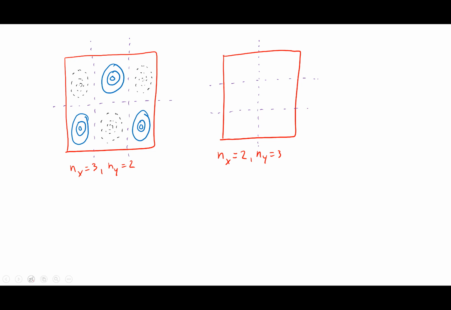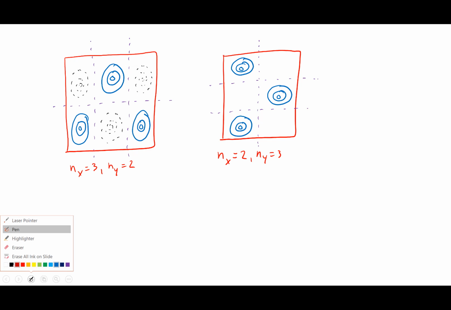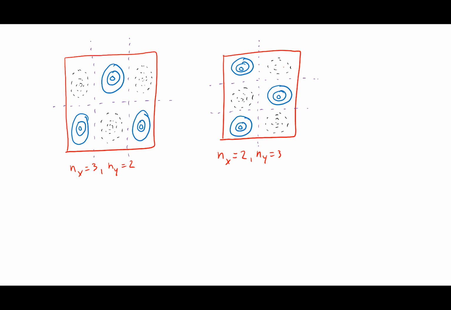So now we can start off again. So we're going to have a hill here. We're going to have a hill here. And then we're going to have a hill here. And then we're going to end up with valleys right here. And that is how you draw the different energy levels for a 2D particle in a box, and also how you calculate the energies for those different energy levels.